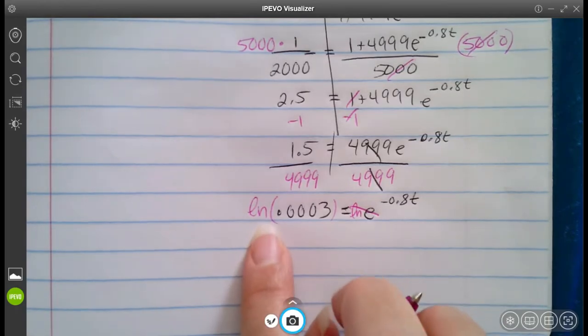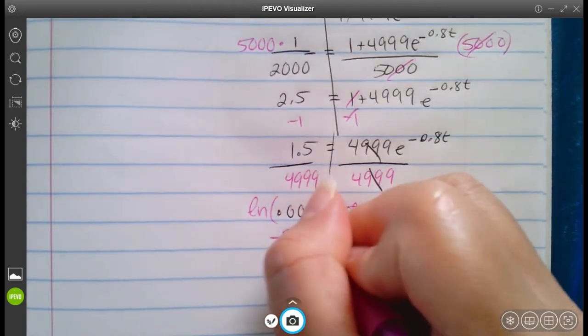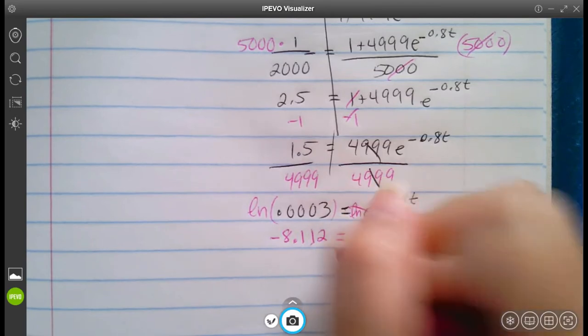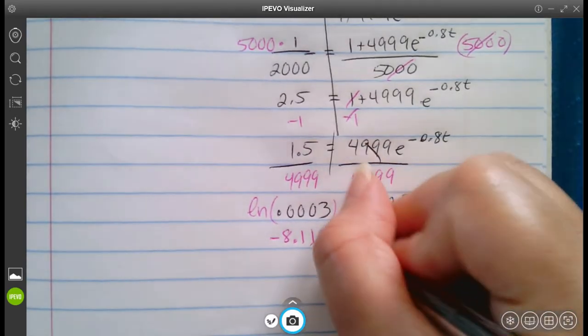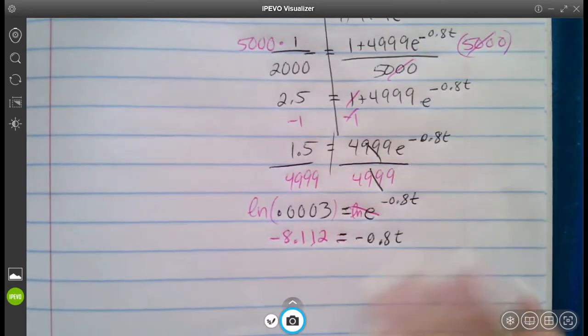Okay, so my next step is to take the ln of this. Let me go ahead and do that next. Okay, so I'm getting negative 8.112 equals whatever I have left over here, so negative 0.8 t. And I'm almost done.